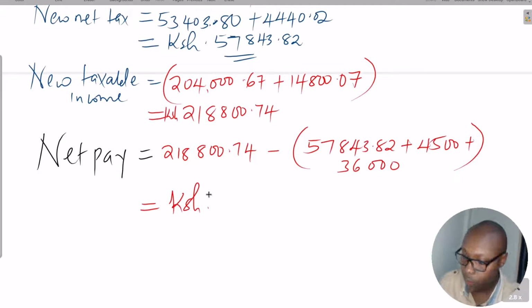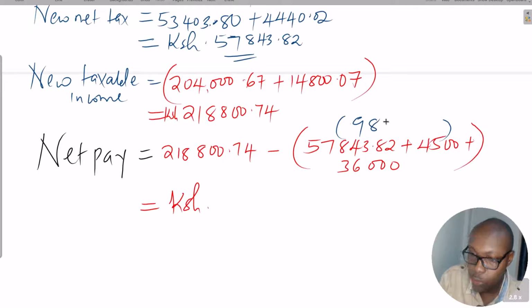Using a calculator for this, 218,874. Then subtract the net tax, which is 57,843, plus 4,500, plus 36,000. So the whole of these deductions will total 98,343 and 82 cents.